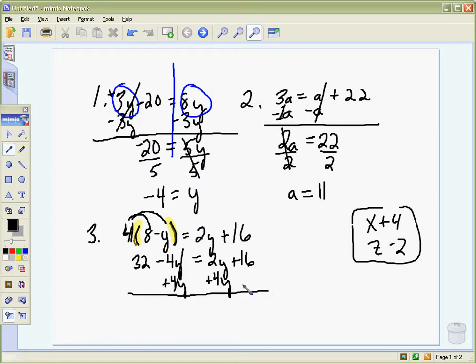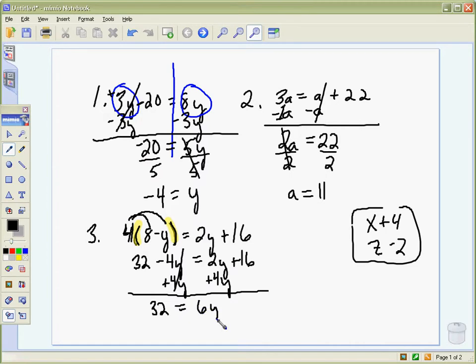Now, you could have chosen to subtract 2y from both sides, and you still would have gotten the same answer if you do all the operations correctly. Sometimes making all of the calculations positive numbers makes it a little bit easier for you.